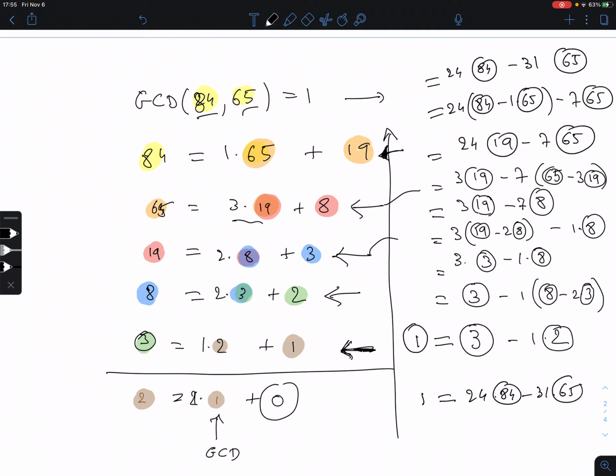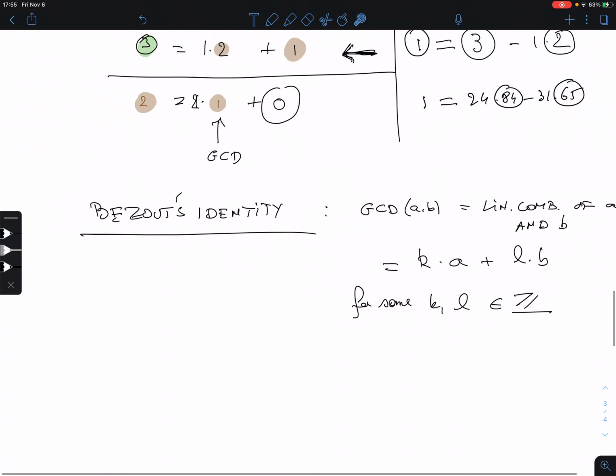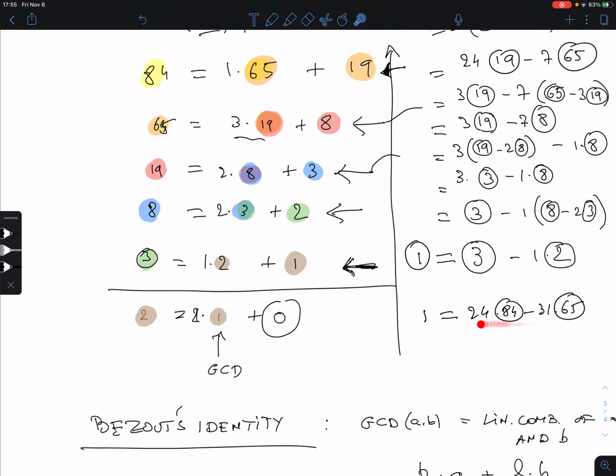And let me circle them again. These were the two original numbers, and this was the GCD of these two numbers, and this tells me how I can write it. And you see, this is not easy at all, right? This is not something you can guess. If you know the Bezout identity, we know you can do this, but if you have to try this, how many combinations do you have to try before you hit 24 and minus 31?